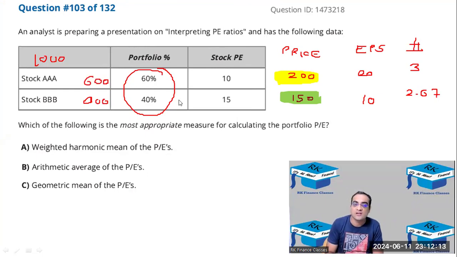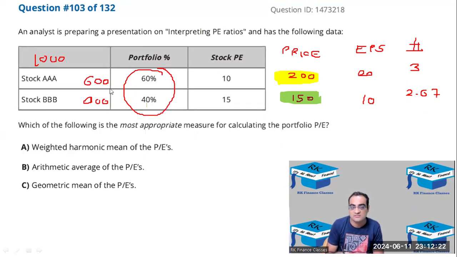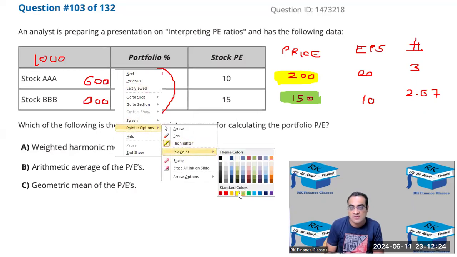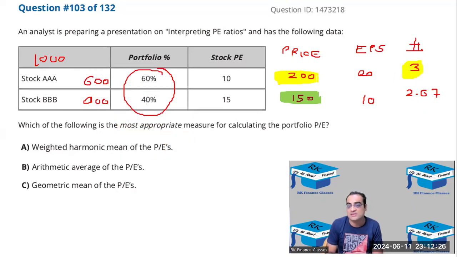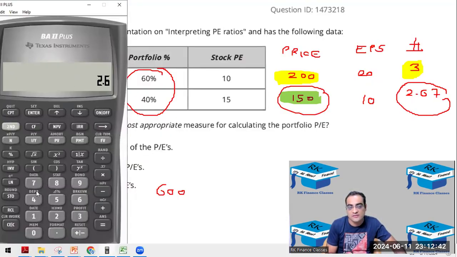Okay, so now we'll do the method that we had done. Let's find out the total investment. In company A we purchased three shares, each costing 200, so 3 into 200 means we have invested 600 in A. In B, we bought 2.67 shares worth 150 each, so 2.67 into 150 is 400.